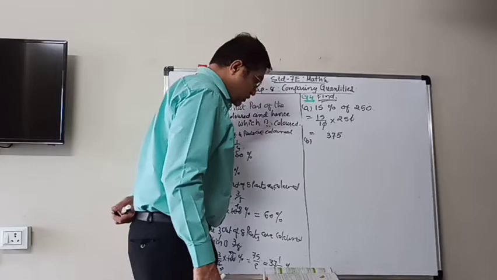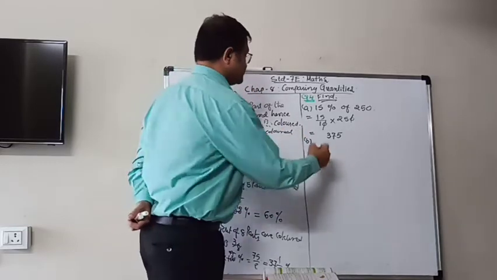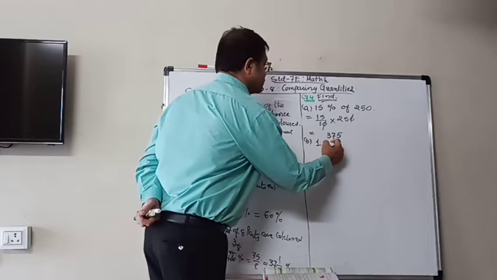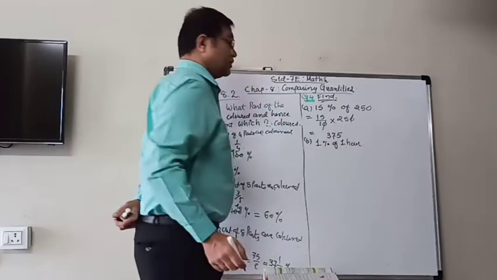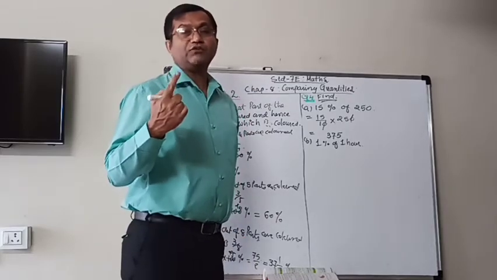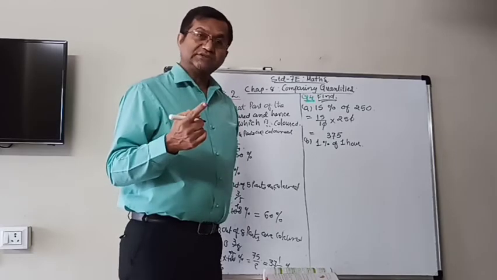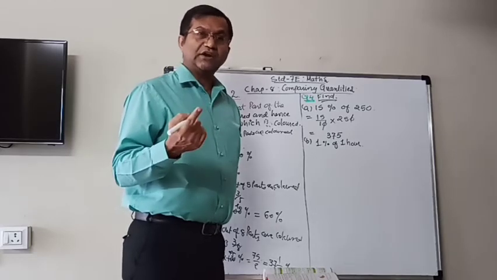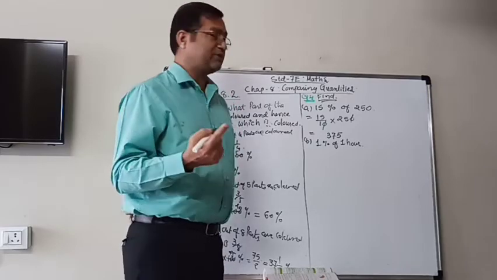Second one is 1% of 1 hour. Now here 1% of 1 hour. But here we have to find it in minutes. So what is the conversion from hour to minute? 1 hour is equal to 60 minutes.